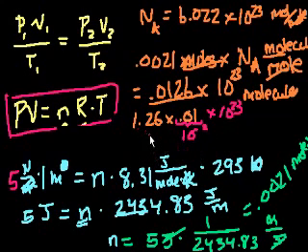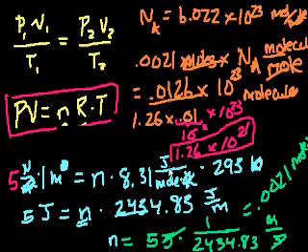So then we get 1.26 times 10 to the negative 2 times 10 to the 23, we add the exponents, so 1.26 times 10 to the 21st power. So roughly 1, 2, 6, and then another 19 zeros, or roughly 1 followed by 21 zeros, is how many molecules of, in this case, helium we had in the balloon.